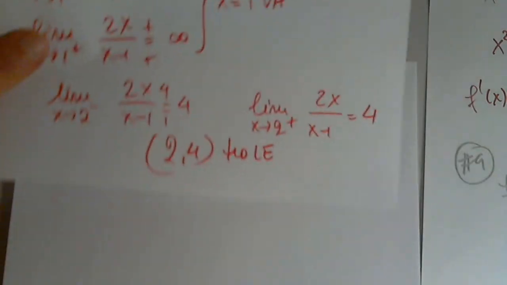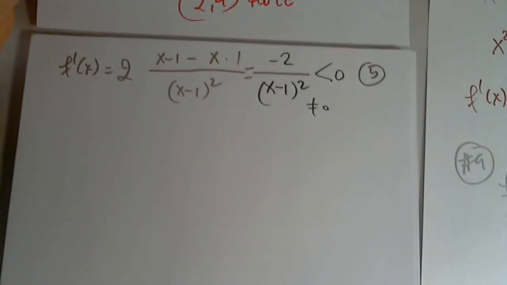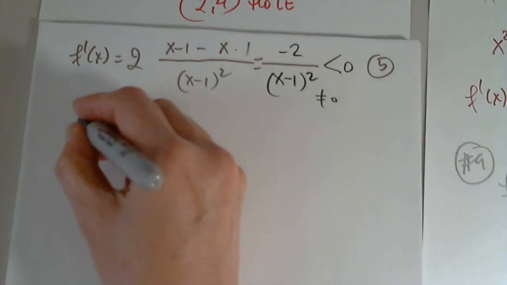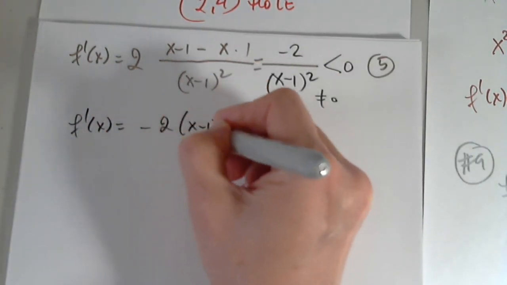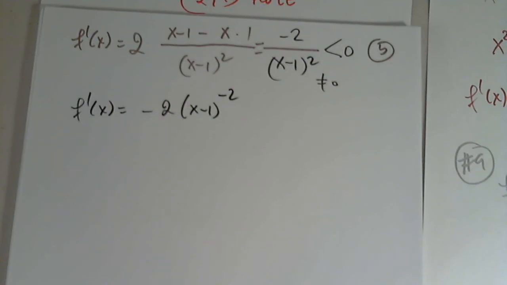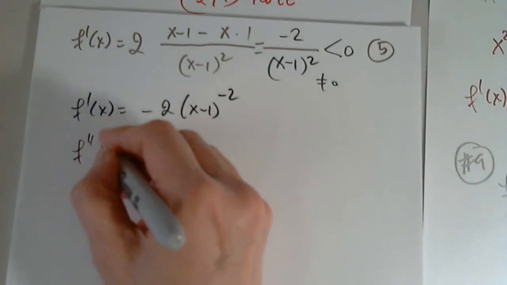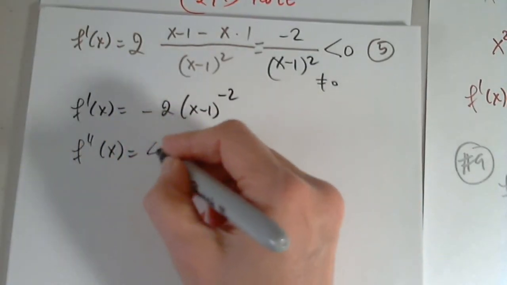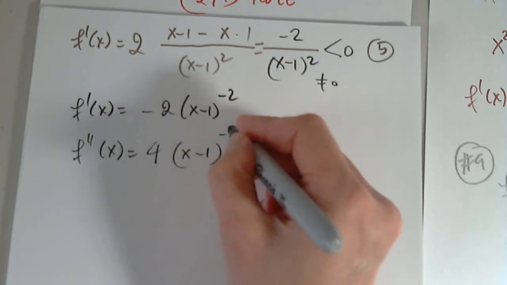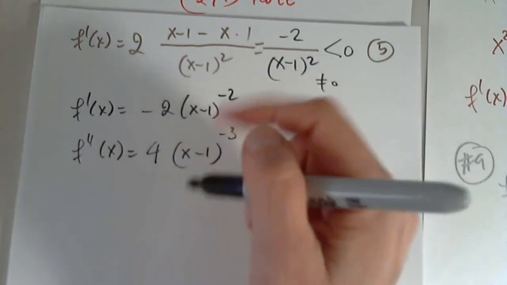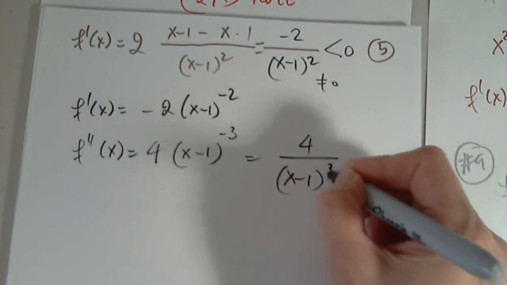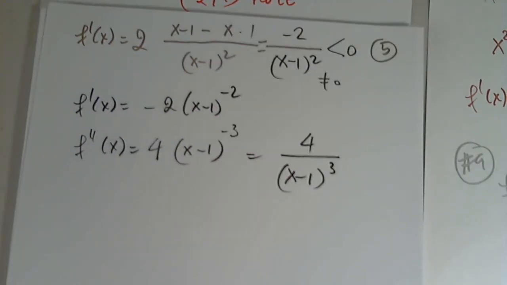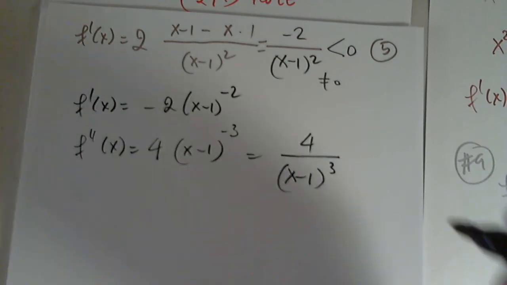Now I differentiate to find the second derivative. And for that reason, I consider f prime as being negative 2 times (x minus 1) to the negative 2. And when I differentiate, 4 times (x minus 1) to the negative 3 times the inner function prime, which is 1. So this is 4 over (x minus 1) cubed. It cannot be 0.